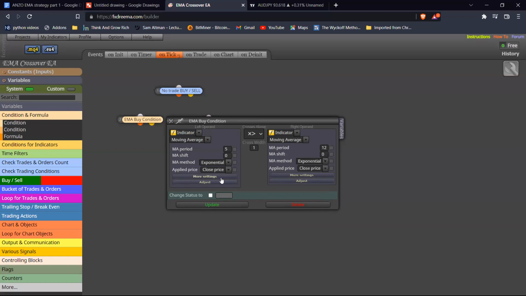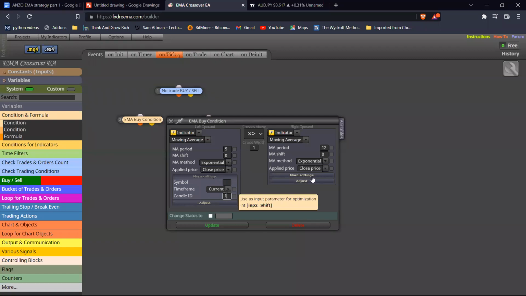Then under more settings, we set the candle ID as one. The candle ID means we're checking the current, most recent candle, which is why we put one. We're using the close price, so the close price of the candle is what we're going to be looking at.